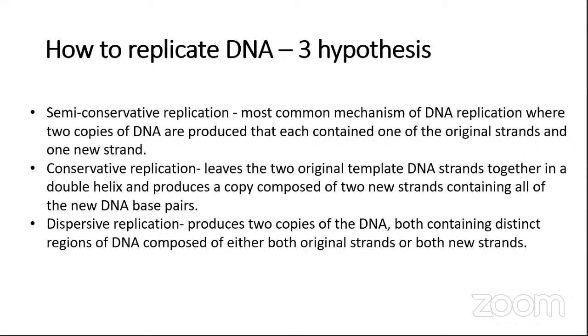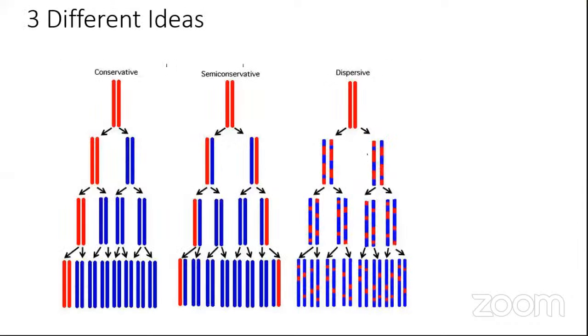Mostly everyone will be familiar with these, but to add some points, in conservative, you'll have a newly formed DNA where the pairing is between the two old strands and the two new strands, which means the old strands are conserved and the new strands are conserved in further generations. And in semi-conservative, in each and every step, there will be base pairing between the old strand and the new strand.